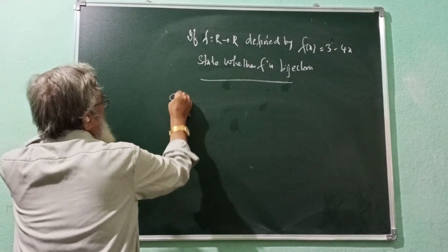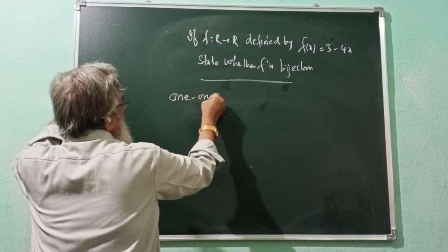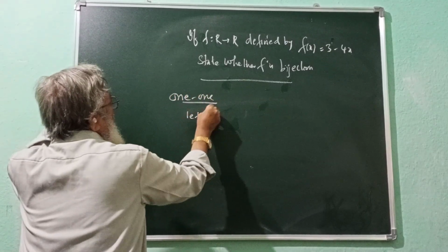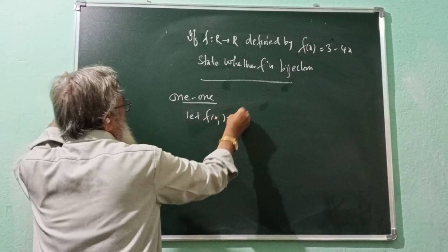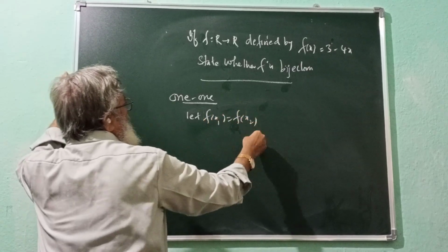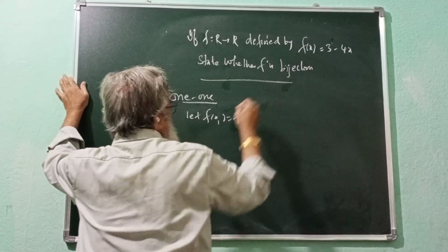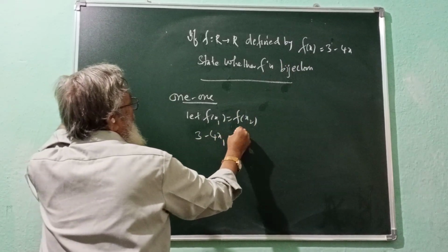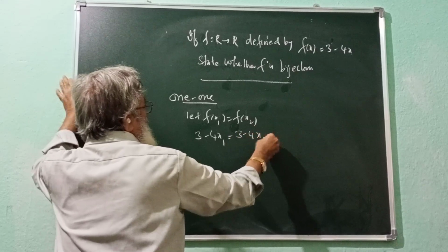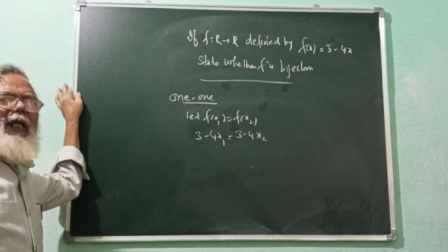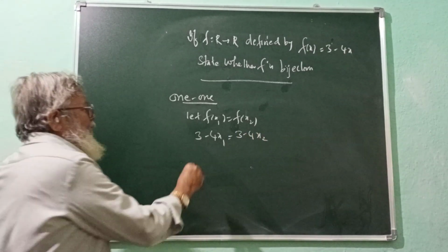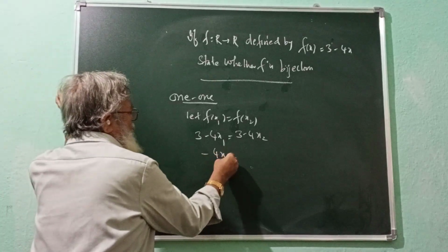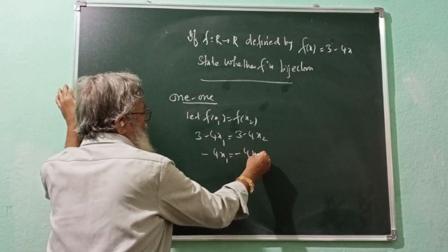So we write one-one. Now let f(x1) = f(x2). Now by that we can write 3 - 4x1 = 3 - 4x2. Subtracting 3 from both sides, we get -4x1 = -4x2.